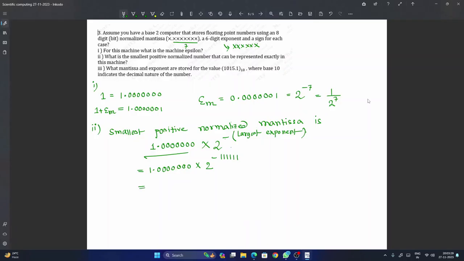So what is the value in decimal form? Corresponding to the ones you get 2 to the power 0, then 2 to the power 1, 2 to the power 2, 2 to the power 3, 2 to the power 4, and 2 to the power 5.